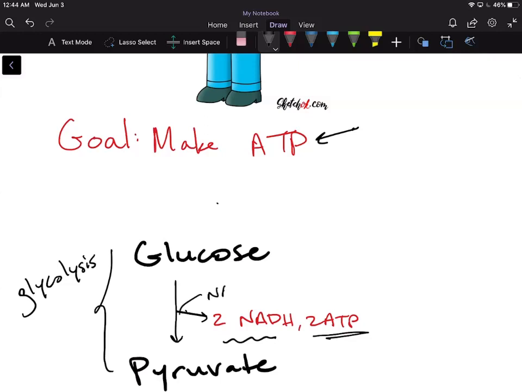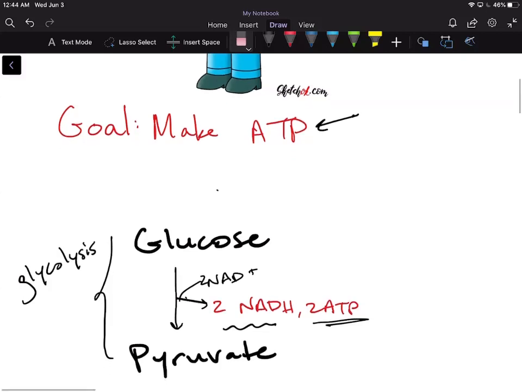We're going to go from 2 NAD plus, and we're going to reduce them into NADH. So the NAD plus accept our electrons and are reduced into NADH. We kind of glanced over what we're going to do with the NADH. We said we're going to come back to it later, and this is the whole point of the video, to show you how everything connects.